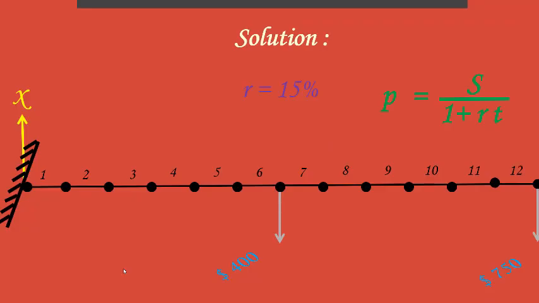The old obligations, $400 and $750, are under the timeline: $400 after 6 months from the beginning, $750 after 1 year or after 12 months. We need to replace the old obligations with a single cash payment X now.